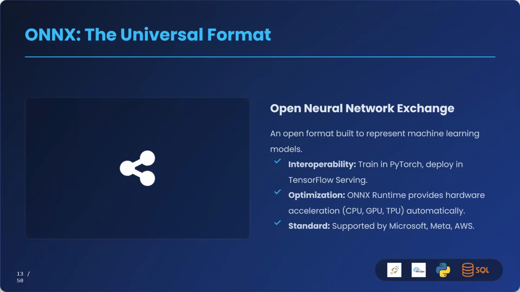We definitely need a GPU and a TPU to process the kind of data we are going to use in most cases. And this is supported by Microsoft, AWS, and Meta. All are supporting this ONNX standard format. So most of the people who are using a cloud environment are using this ONNX model only.